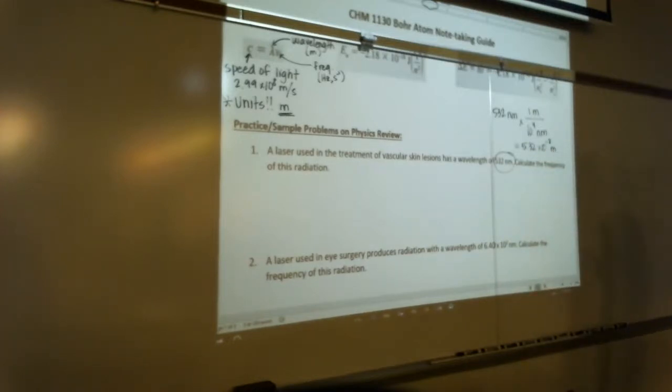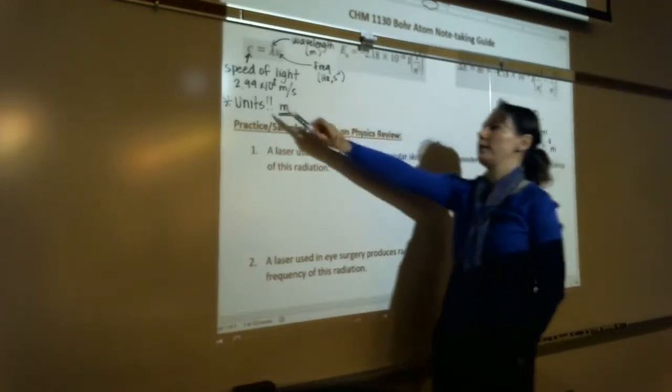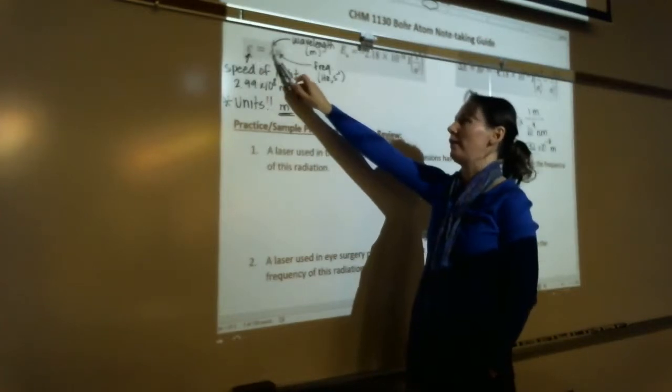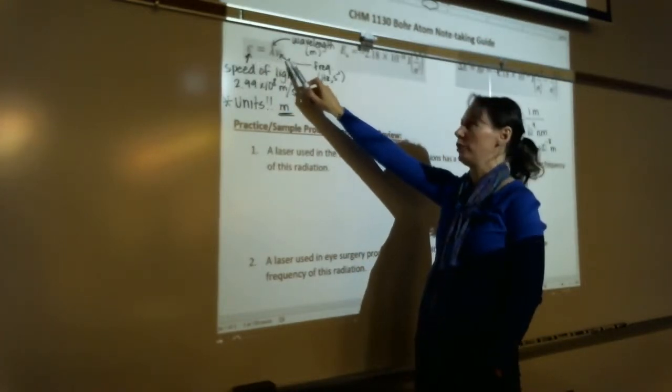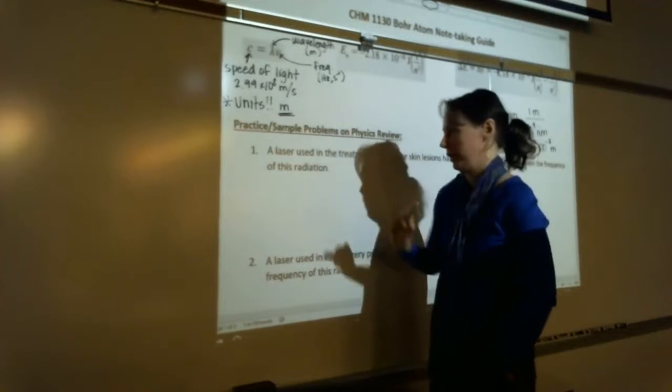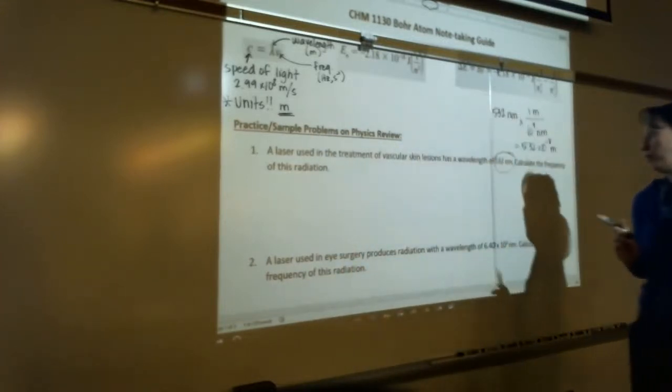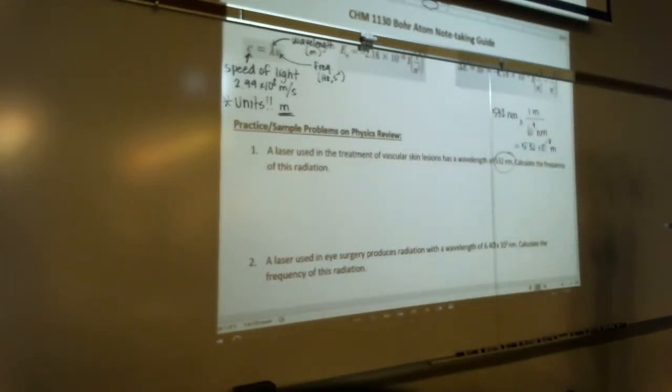Okay? Make sure that you convert nanometers to meters, because remember, for you to get units of meters per second, wavelength has to be in meters, so that when you multiply by seconds inverse, you get meters per second.